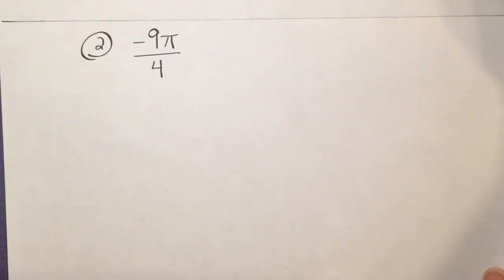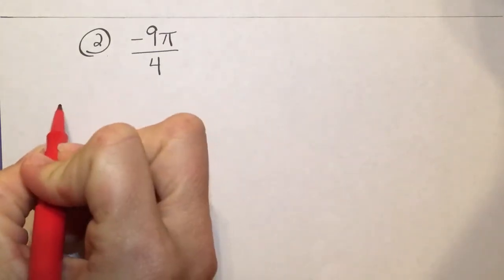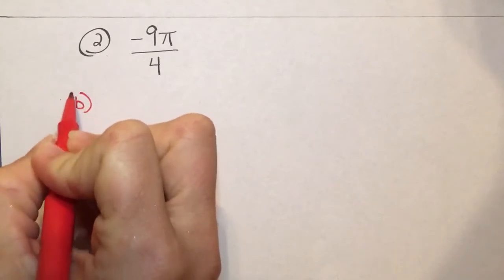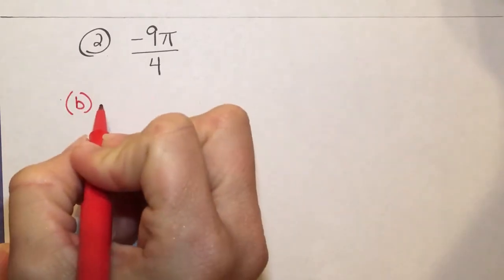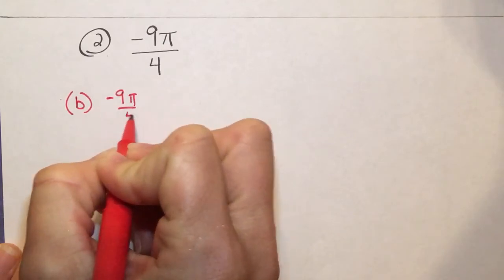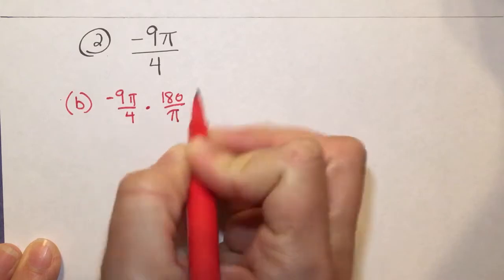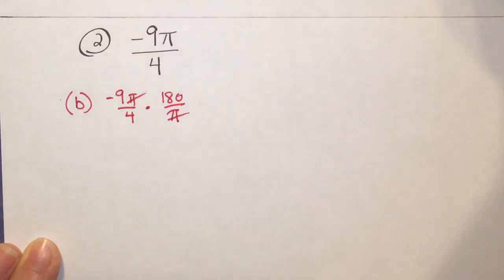So this time we have a negative angle. And just like a while ago, I would suggest that you actually start by converting. So I'm going to go to B part. And with B part, you would take negative 9 pi over 4, and you're going to multiply it by 180 over pi. So your pi's are going to cancel.